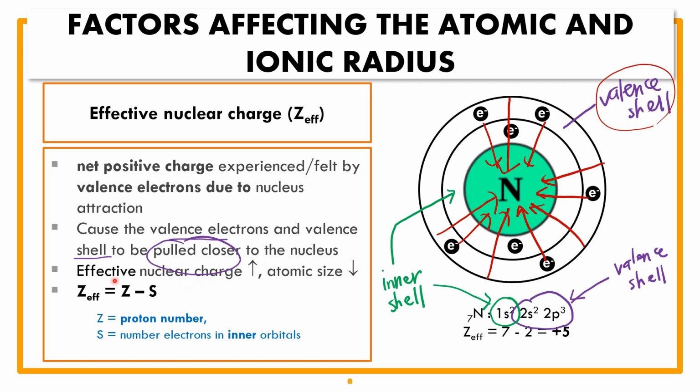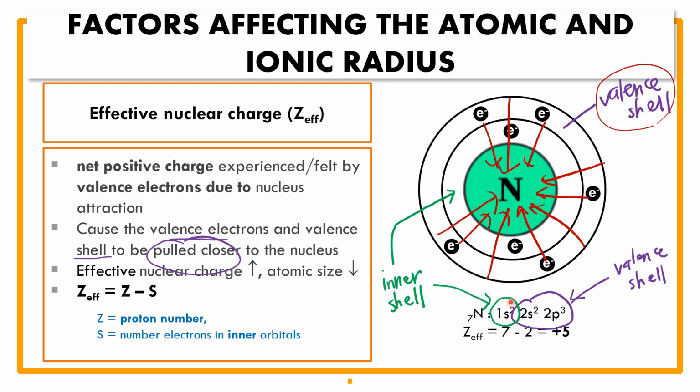To calculate the value of the effective nuclear charge, you can use this formula: ZEV equals Z minus S. Z is the proton number of the element and S is the number of electrons in inner orbitals. In the case of the nitrogen atom, to calculate its ZEV, it is Z minus S. Z is the proton number, 7, and S is the number of inner electrons in the inner orbital.